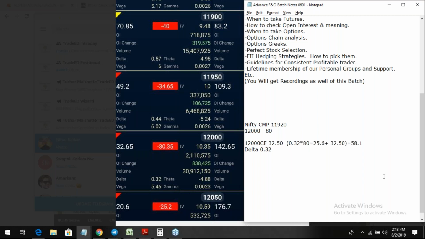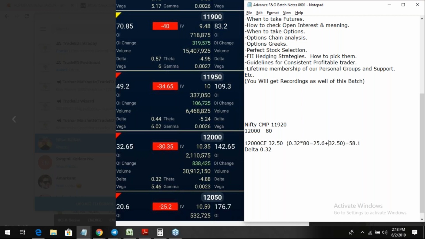Now everyone understood. This is our delta, right? 0.32. If Nifty goes 80 points up, how much will our premium increase? 25.6, plus our current premium rate 32.50. What is 32.50 plus 25.6? 58.10. Simple.